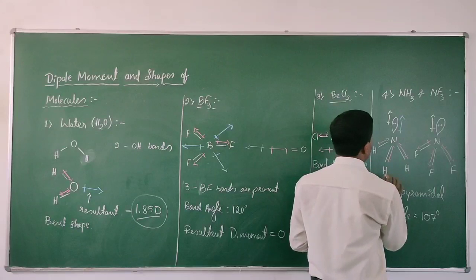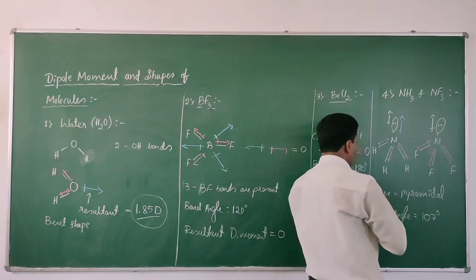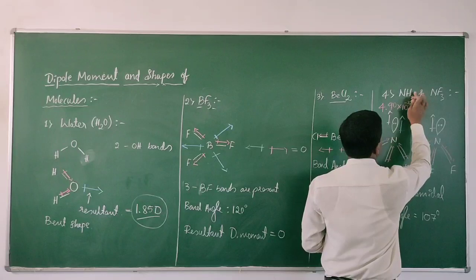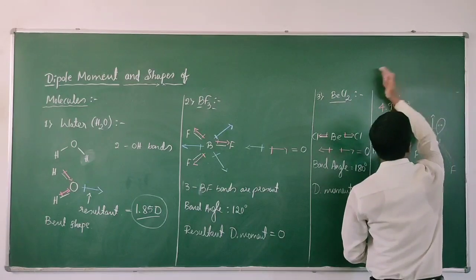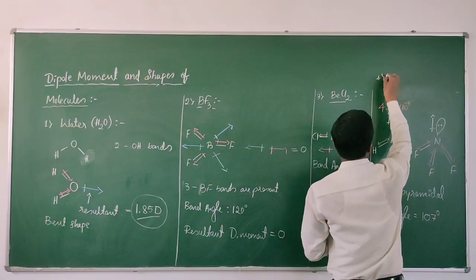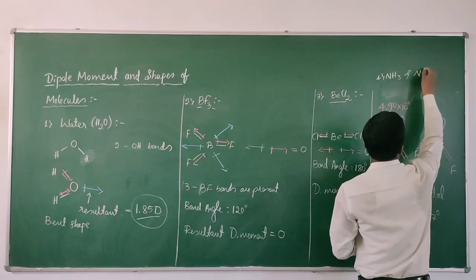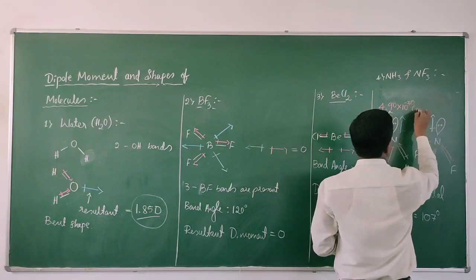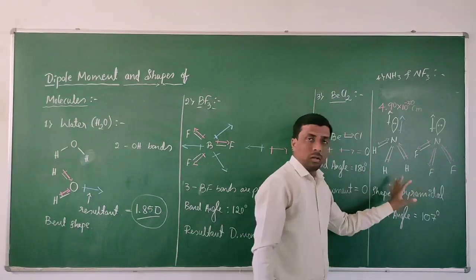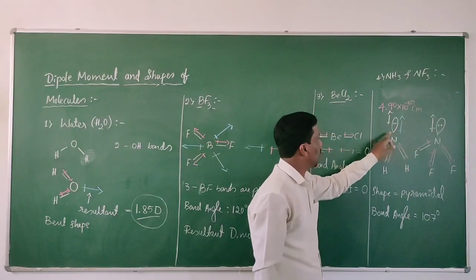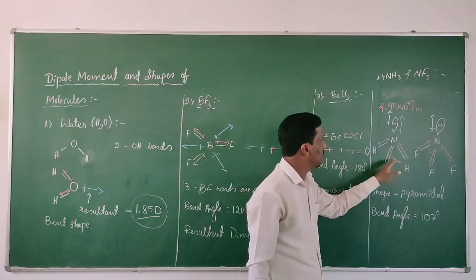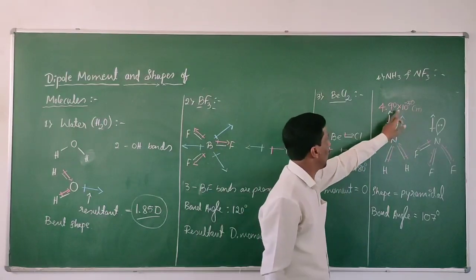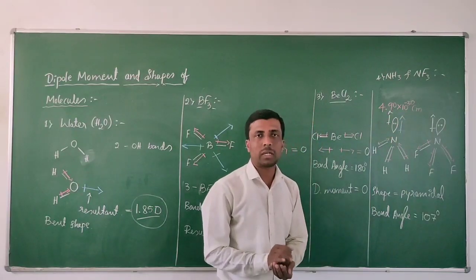Therefore, the dipole moment in case of NH3 molecule, ammonia molecule, is 4.90 into 10 raised to minus 30 coulomb meter. Because of this reason, both are added.